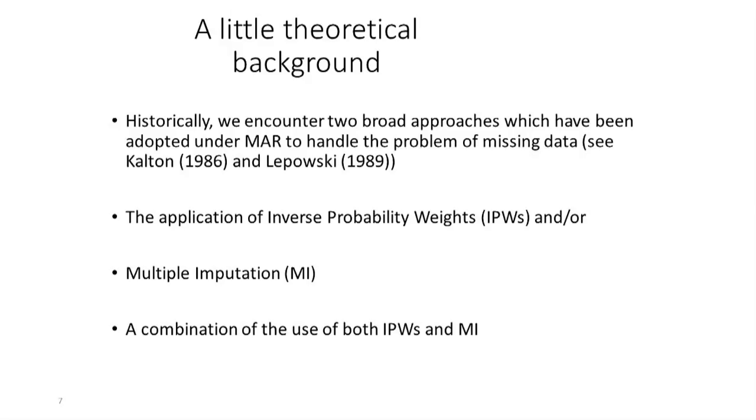But the application of IPWs, as I'll call them, will not furnish any further information about individuals who have patterns of item non-response. So I'm going to illustrate the use of both methodologies, alone and in combination.